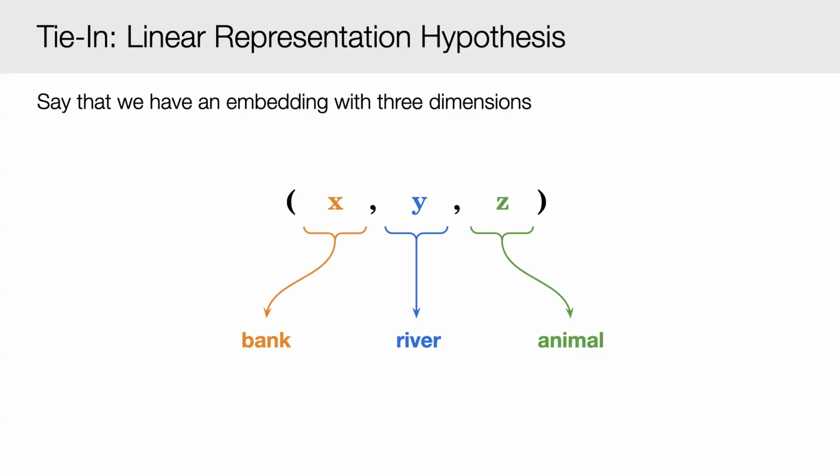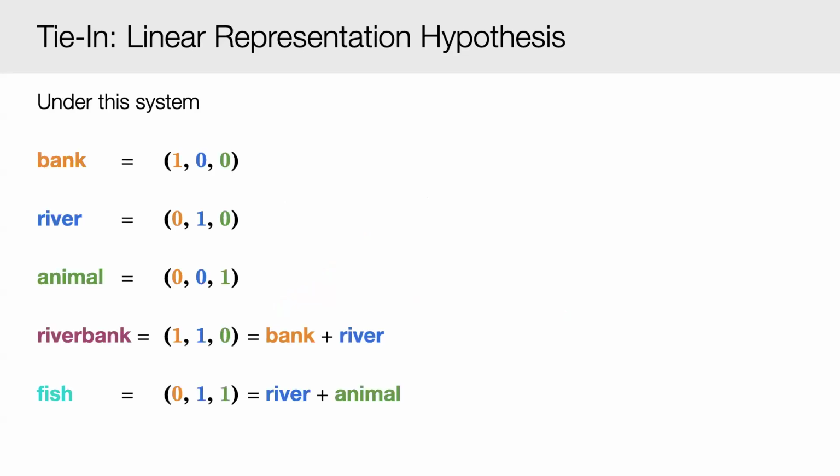The first dimension, the x dimension, is the dimension for bank, so that contains information about bank. The y contains information about river, and the third dimension contains information about animal. So under this system, the embedding 1, 0, 0 refers to bank, and 1, 1, 0 refers to river.